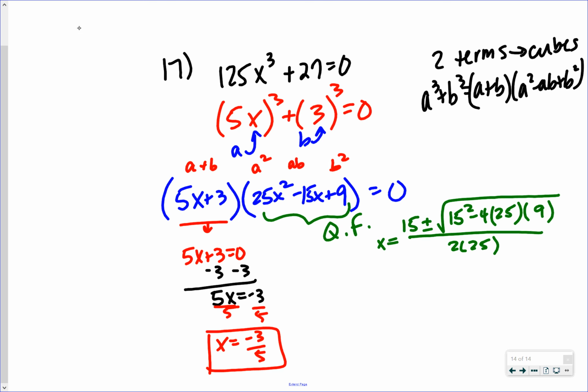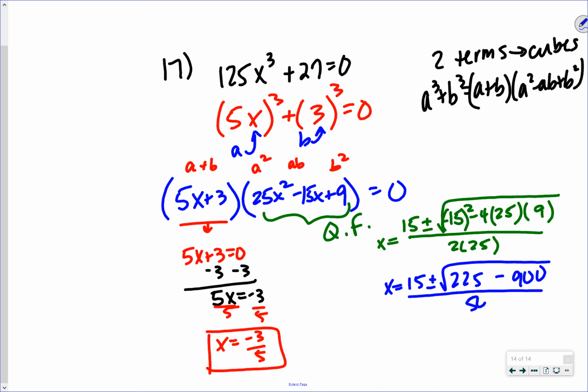Okay, to keep going, I have x equals 15 plus or minus the square root of, I know this is a negative 15 squared, but you get the same thing even if it's positive. Negative 15 squared is a positive 225. And then 4 times 25 times 9 is 900. Sign in the middle is a minus. 2 times 25 is 50.